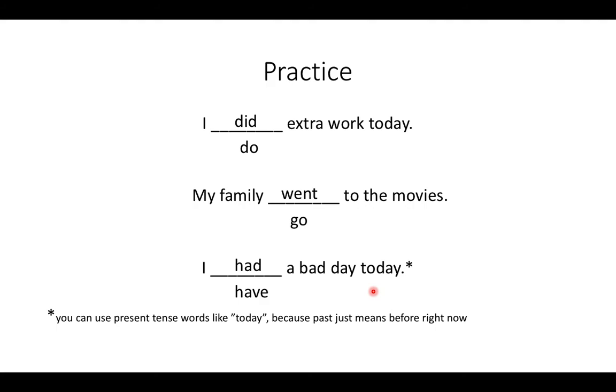But when you say the past tense and you said today, past tense just means before the time that you're saying it, any time before. So it could be right before, it could be like 10 minutes before, and you still would say like I went to the store, right?